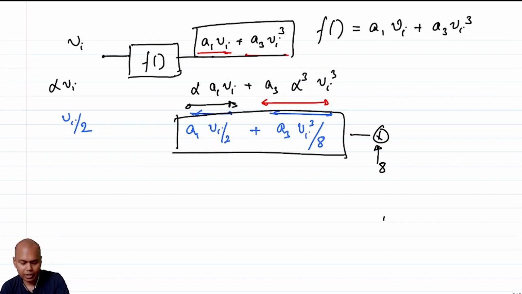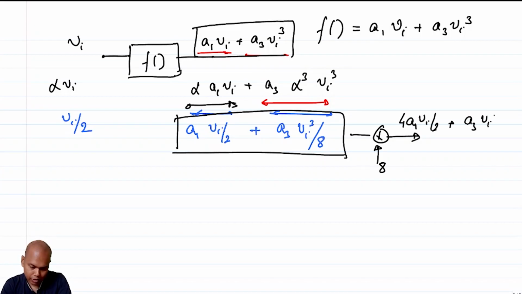Why 8? Because ultimately I want to cancel out the A3 VI cube term, and the top term has A3 VI cube. So this becomes 4 A1 VI by 2 plus A3 VI cube by 8, right?